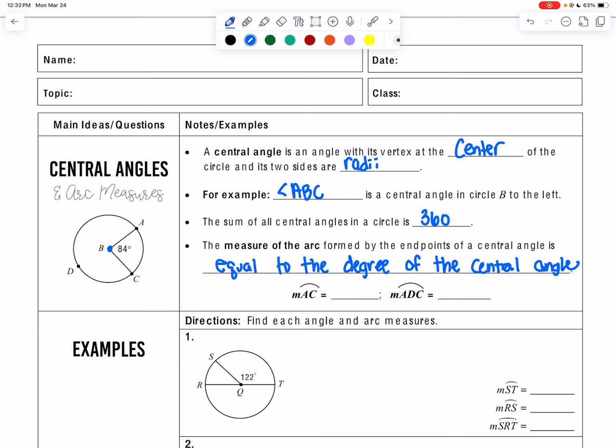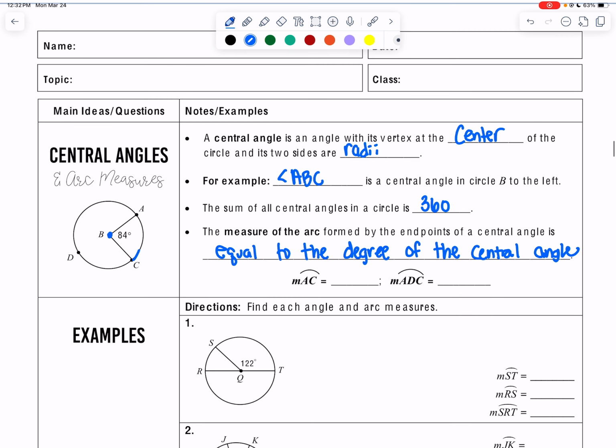So in this case, if I were to talk about the measurement of arc AC, if we know that the central angle is 84 degrees, then the arc measure is going to be 84 degrees. And then for ADC, which is this whole thing right here, I'm just going to do 360 minus 84. And that's going to give me 276 degrees.